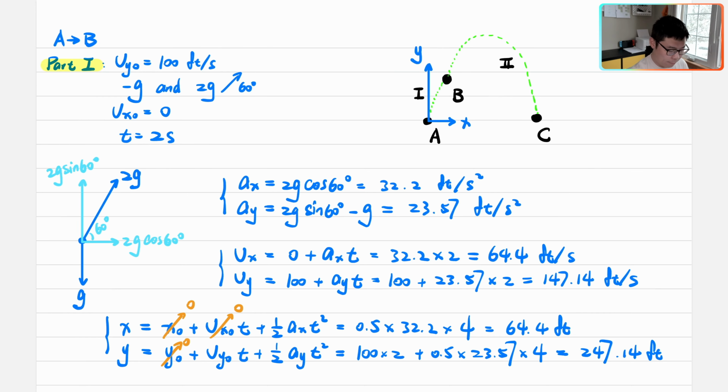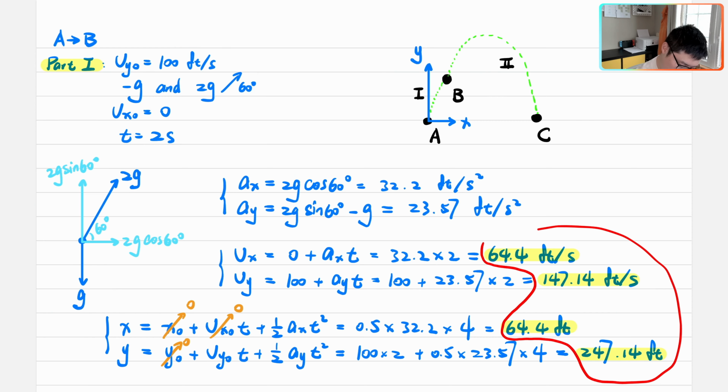Okay, this is what we found: velocity horizontally, velocity vertically, horizontal displacement, and vertical displacement. Okay, this is what we have so far. And all of them are happening at point B. Right, so all these conditions become the initial conditions at point B, because in part 2, from B to C, is projectile motion.